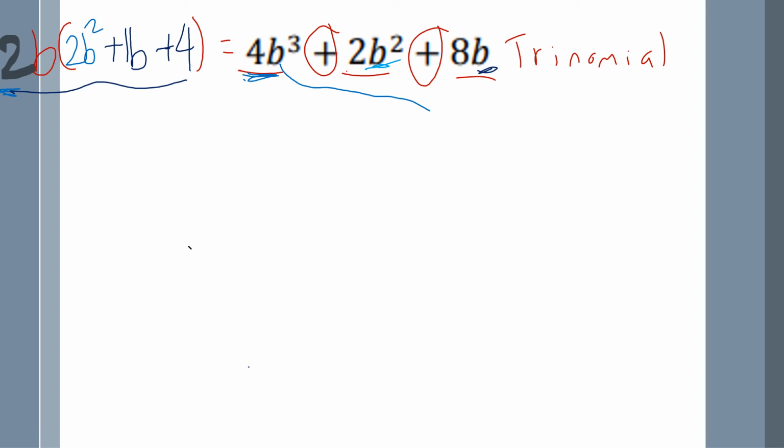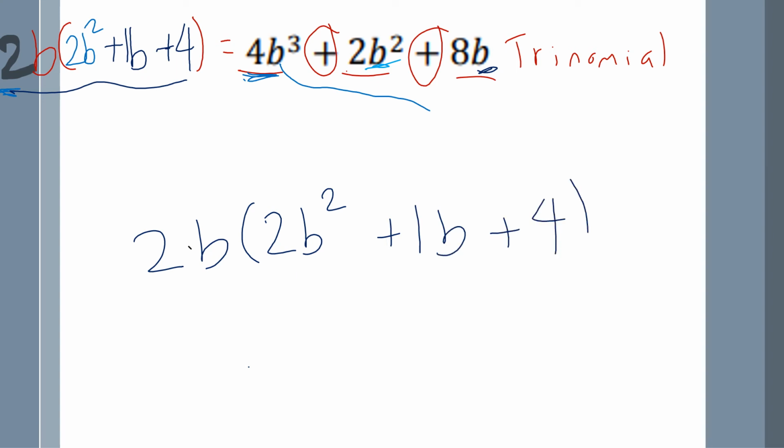So my final answer is 2b with parentheses of 2b squared plus 1b plus 4. And remember, you don't need to write the 1 because a variable by itself is always understood to be 1b, or 1 times the variable. And that's how you do problems like that, just like that.